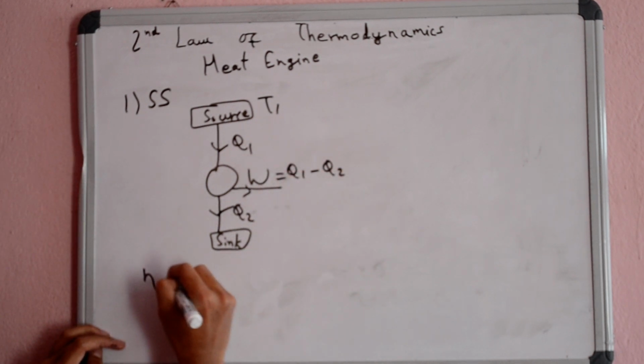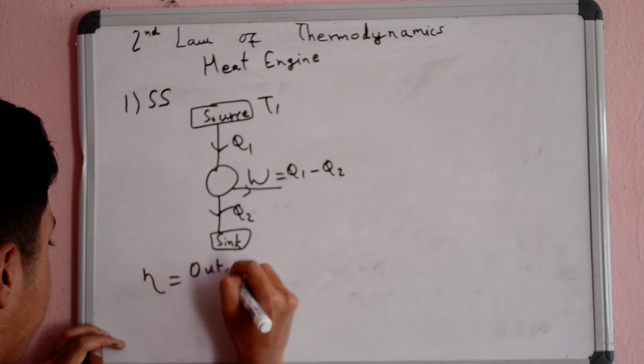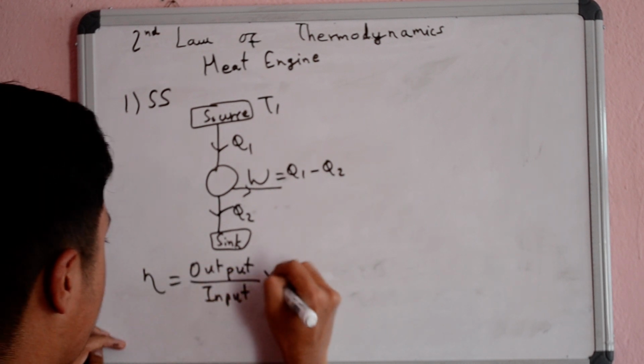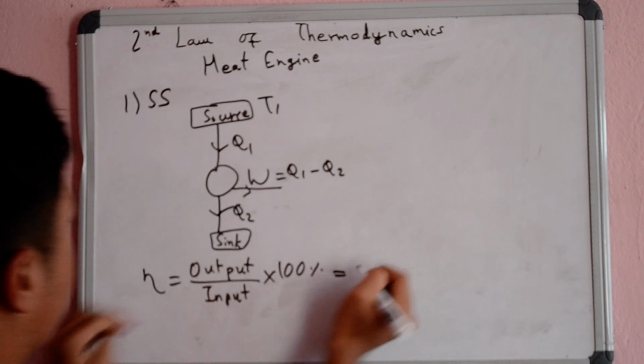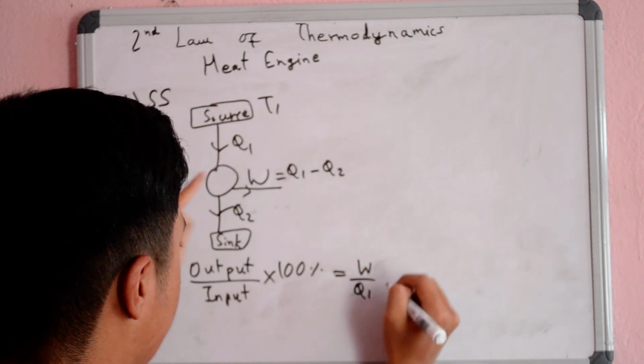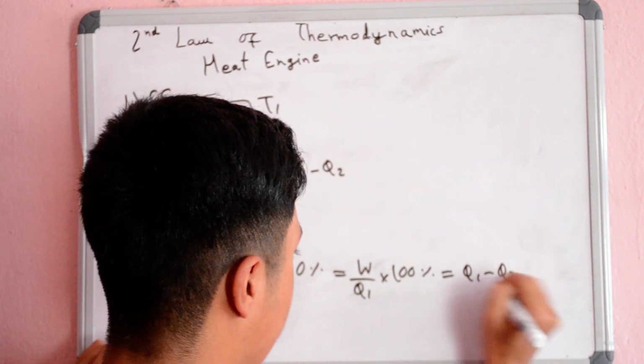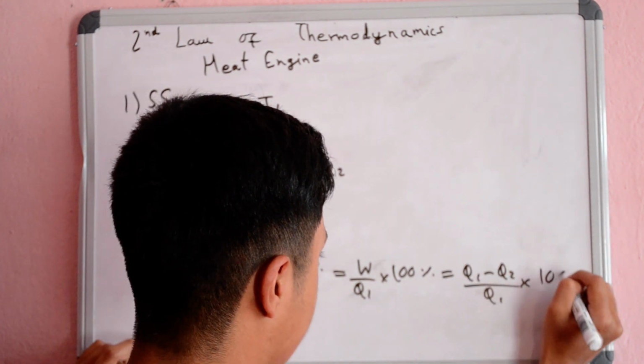So our efficiency formula is output by input into 100%. So our output here is the work done by Q1 into 100%, which is Q1 minus Q2 by Q1 into 100%.